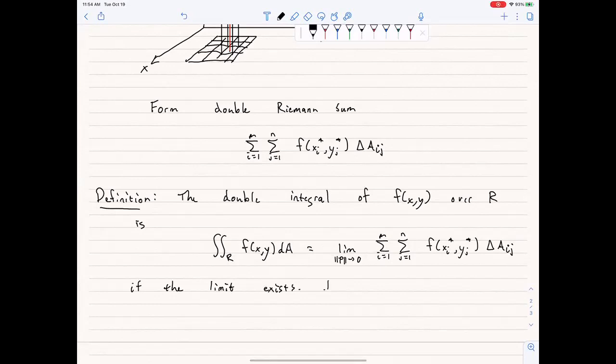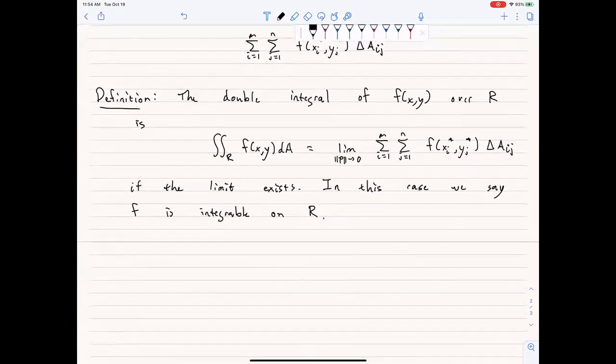So in this case, we say f is integrable on R. Now, there are theorems that one might want, and we will want, but I'm just going to state them as facts.